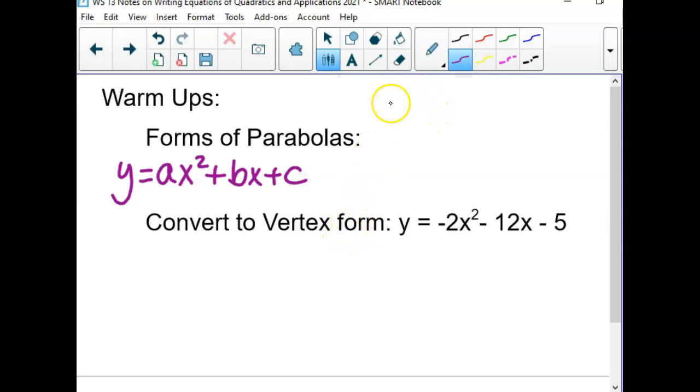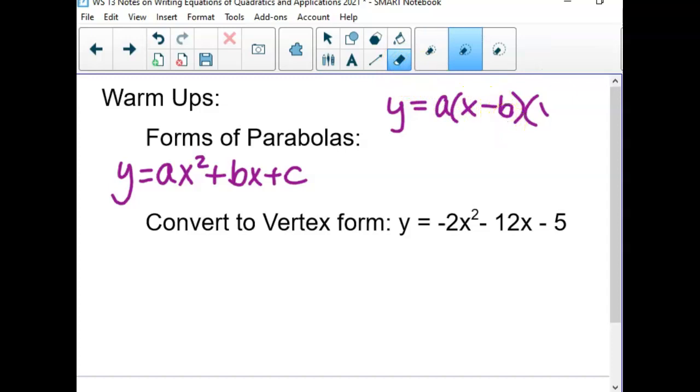There's also intercept form or something it was called. I think it's still A. We'll call that B and C. I don't know. It's not B and C though. I don't know what it called it. Does anybody have their notes?